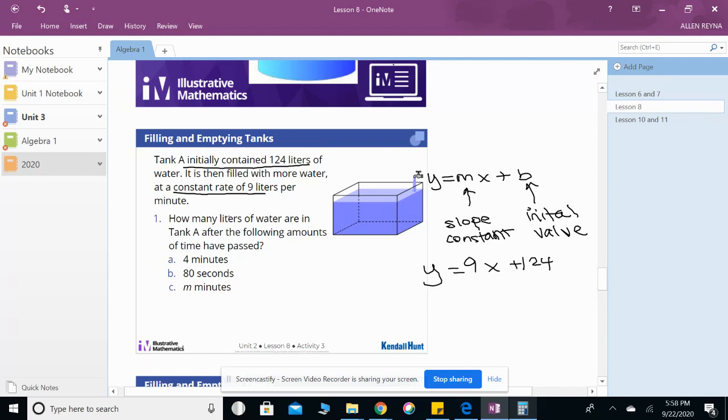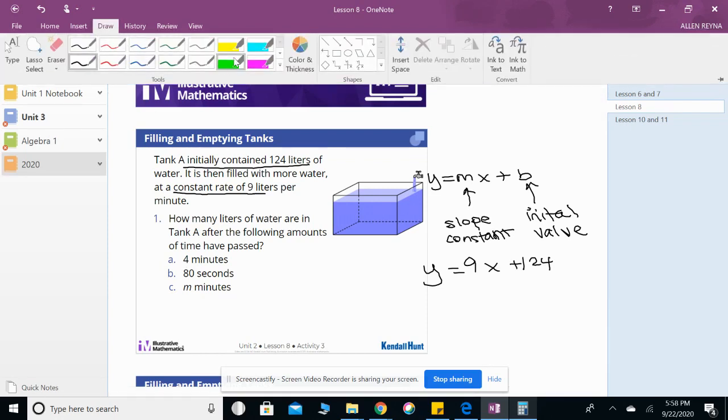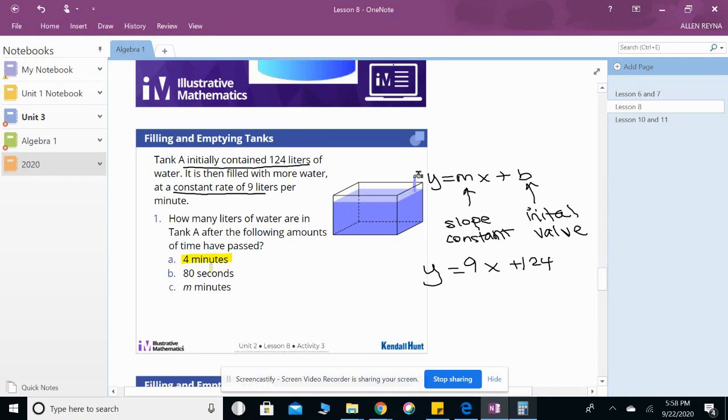All right, so now it says how many liters of water are in the tank after the following amounts of time have passed. So now we have our equation. All I have to do is take these numbers and enter them here. Perfect.